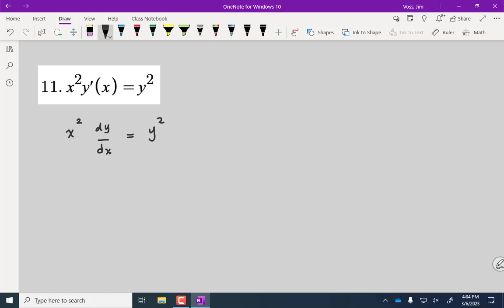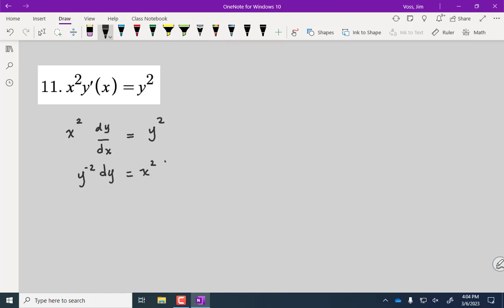The dy is already in the numerator, and that's the dependent differential. If you move it to the right, it would be in the denominator, and you can't integrate it with the independent differential. So we want to leave that alone. These x's all need to go to the other side, so we would end up with this.